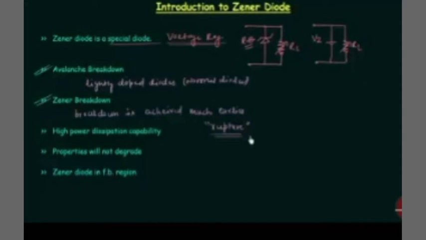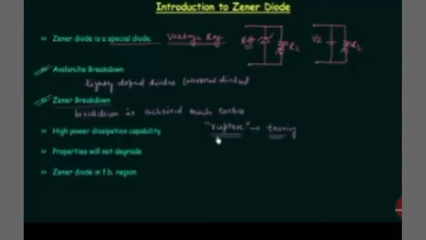Zener breakdown is initiated by direct rupture of covalent bonds. By direct rupture of covalent bonds, I mean tearing of covalent bonds, and this happens due to the strong electric field at the junction developed by a high reverse bias potential.